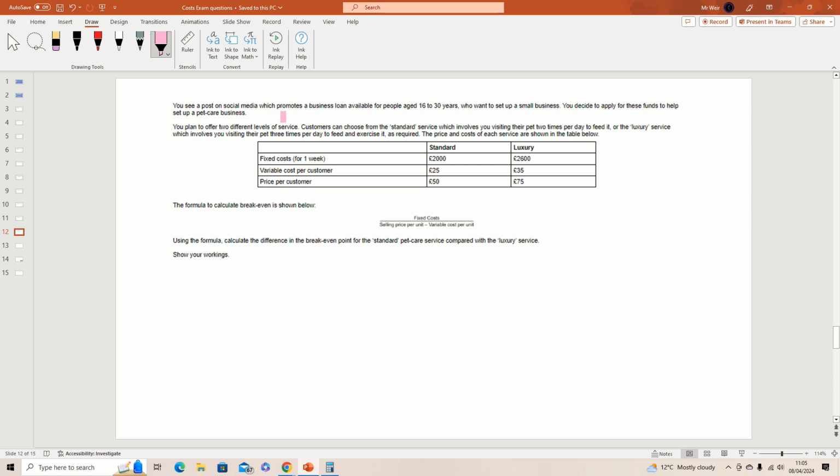So when we read through the question, as always, it's got a little scenario telling you what to do. Now, you will have already read that scenario because you'll have had other questions about it. In this particular case, we're just going to be focusing on calculating break-even. It's got the formula, as it always does, but this time it says calculate the difference in the break-even points for standard and for luxury.